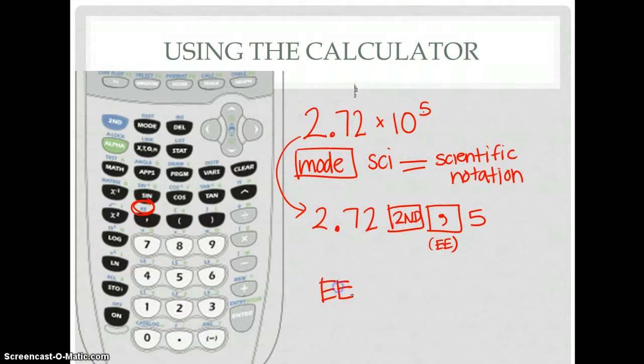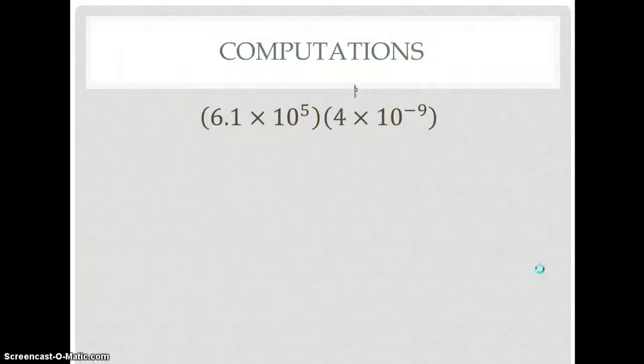EE, which I've read stands for engineering exponent, not important to you. It means times 10 to the, and then you put in the power. So it's allowing you to type in scientific notation into your calculator, which can be a useful shortcut.